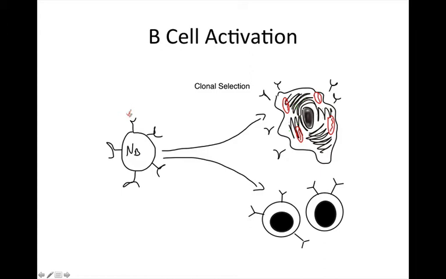Is that B cells can be activated by direct exposure to a pathogen itself, or more specifically to a foreign antigen itself. All right, and then typically what happens when those receptors come in contact with an antigen or a pathogen, this B cell will essentially phagocytize the pathogen and then start genetically processing it, and then undergo that cloning or clonal selection process, forming antibody-producing factories and memory cells.